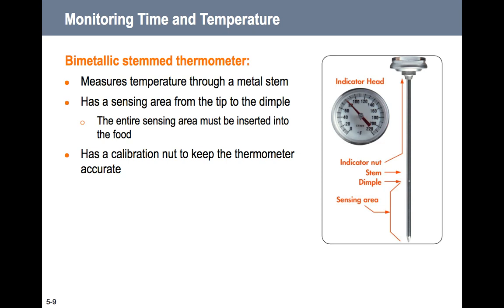With most bimetallic thermometers, you do not need to force the entire stem into the food. You just need to get the tip all the way to the dimple into the food item. That is the overall sensing area, from the tip to the dimple.